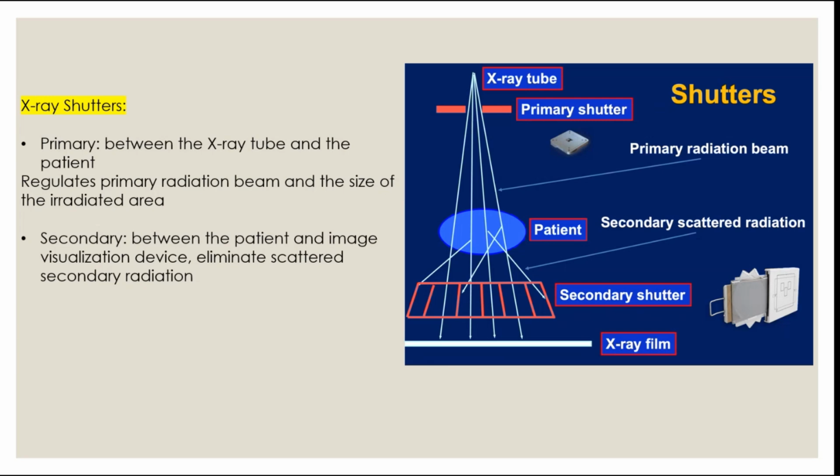And the secondary one is between the patient and the image visualization device, which eliminates the scattered secondary radiation and allows a fine picture to appear.